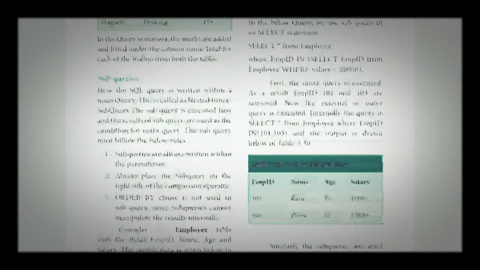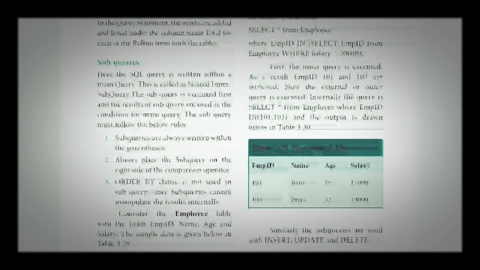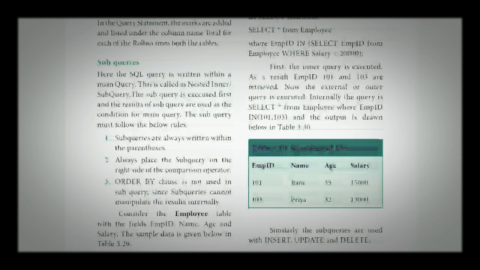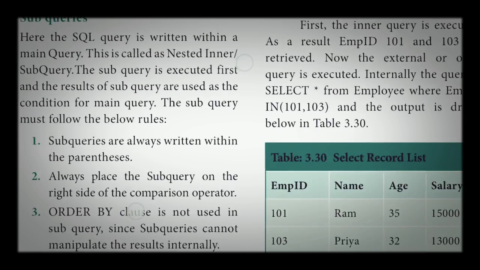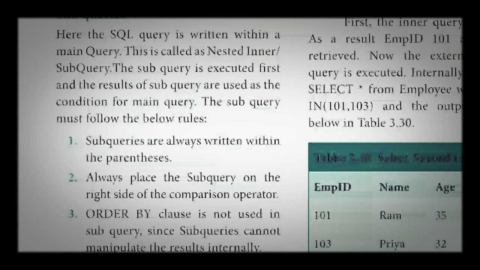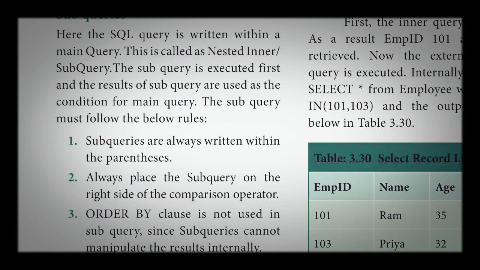Subquery. Here the SQL query is written within the main query. This is called a nested or inner subquery. The subquery is executed first and the result of the subquery is used as a condition for the main query.